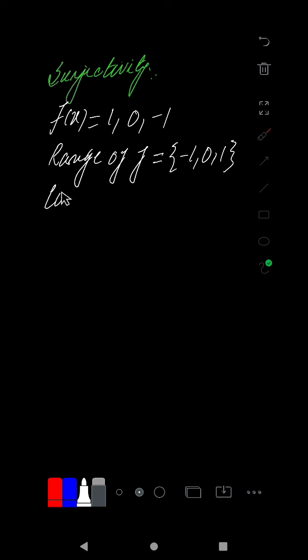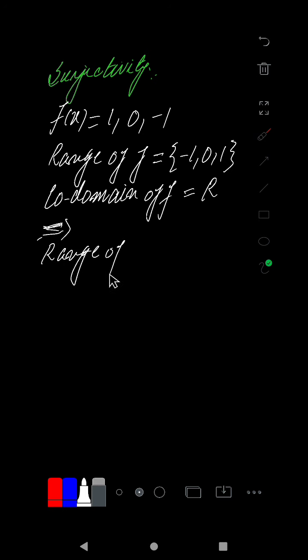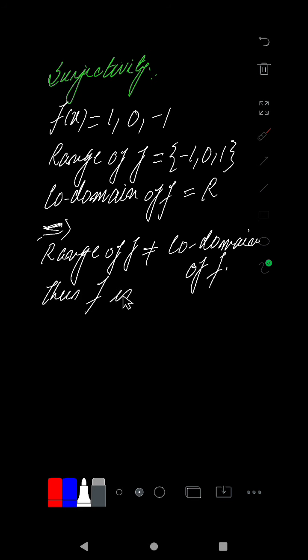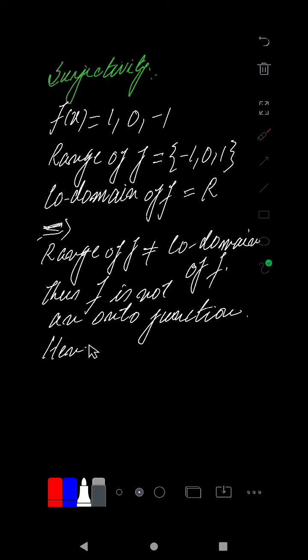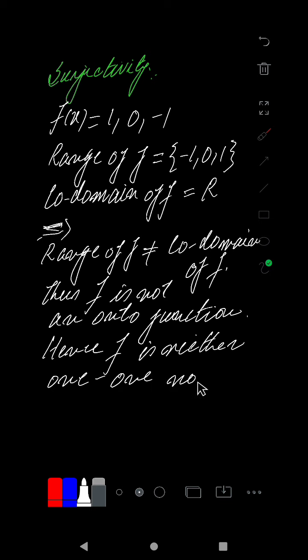But codomain is given as R. It implies that range of f is not equal to codomain. Thus, f is not an onto function too. Hence, we may conclude that f is neither one-one or injective nor onto or surjective.